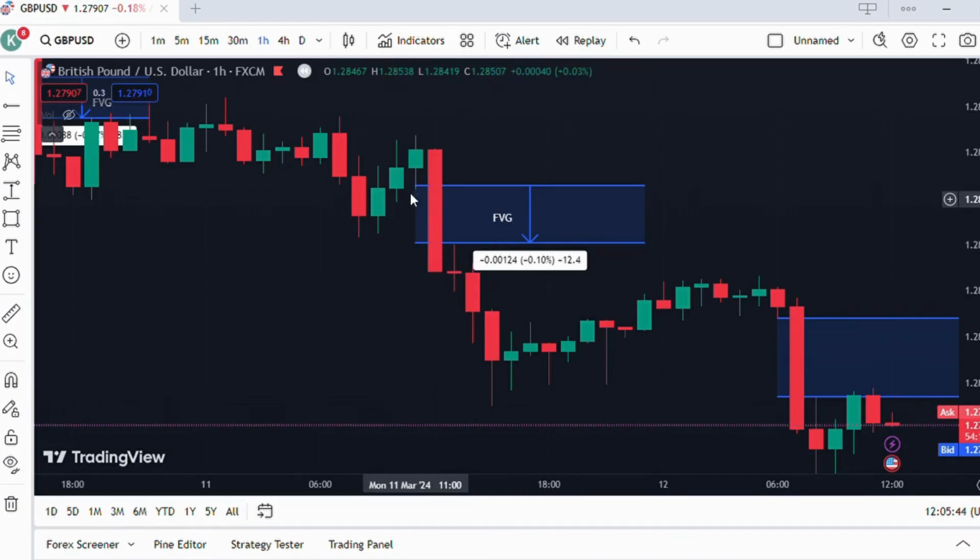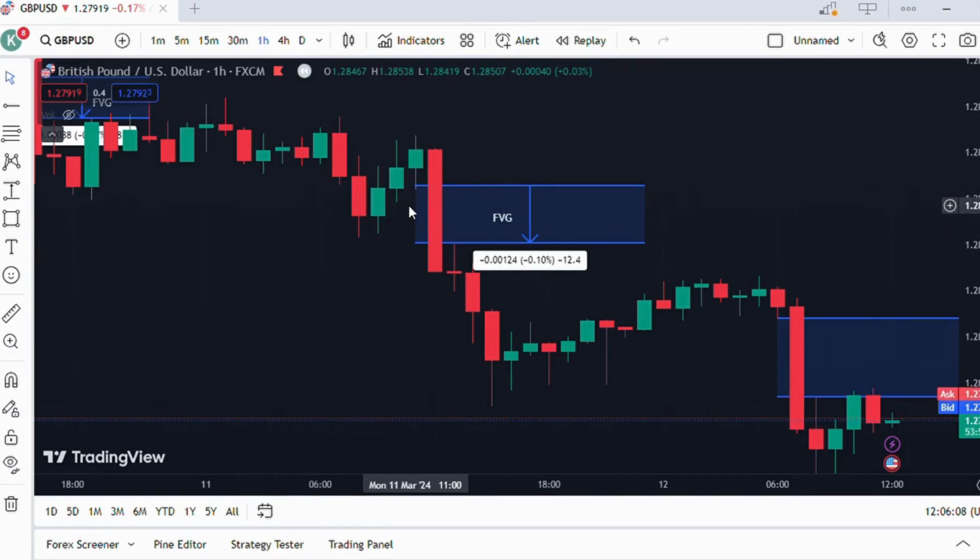Now, what causes the fair value gap? Fair value gap is caused mainly by huge institutional traders like the banks and other huge firms, huge companies who stack positions with huge amounts of cash.